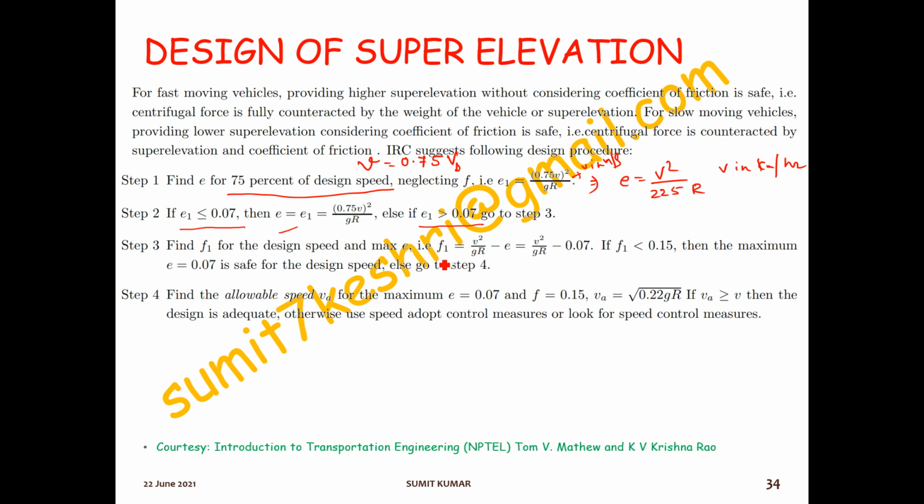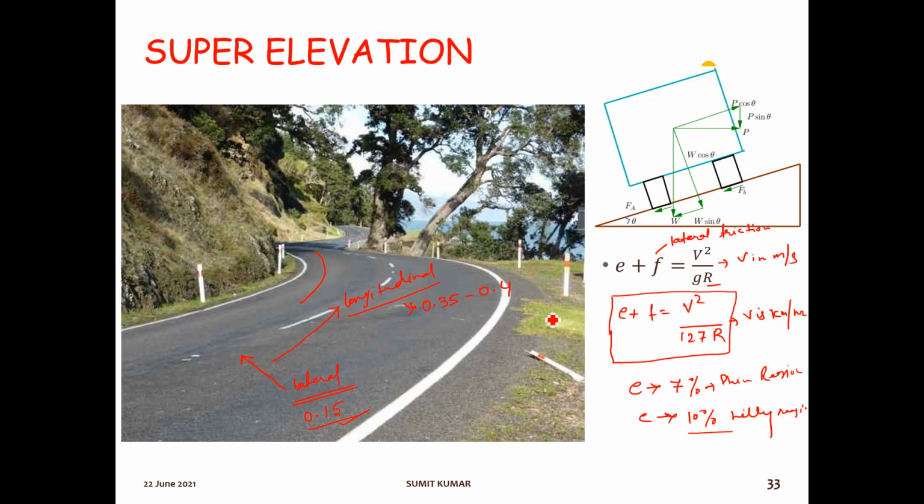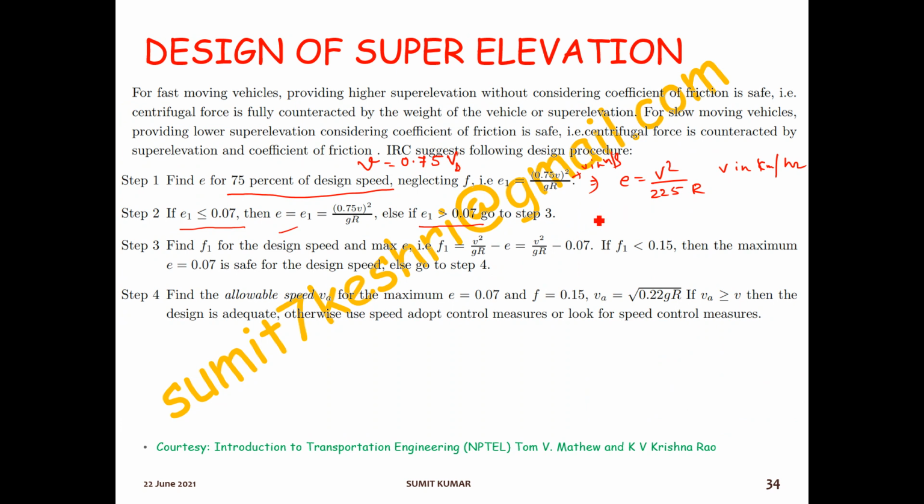Then find friction. Now for friction, the equation we have seen in the previous slide is the basic equation: E plus F is equal to V square by 127 R. Correct.